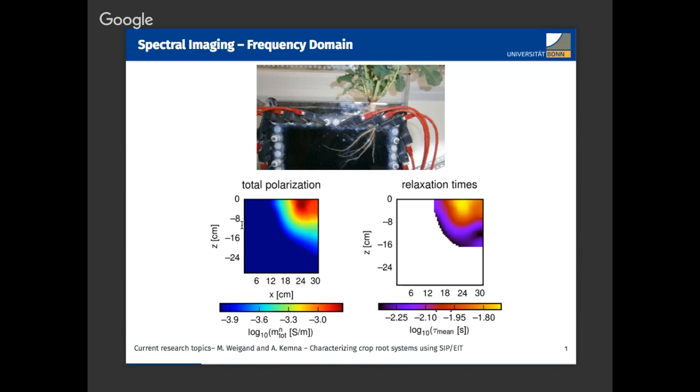You mentioned that signals are small. Do you have any sense, if you had something with a lot of roots there, that you might get a significant signal, any way of predicting?